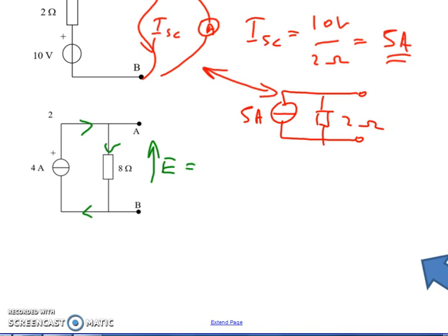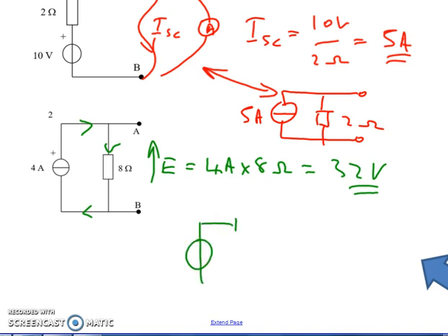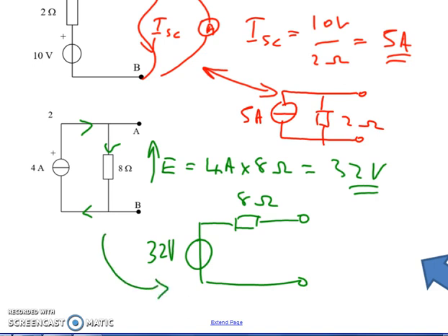So the E value will simply be the 4 amps times the 8 ohms, giving me 32 volts. So my equivalent circuit will look like this, with a 32 volt generator and the same internal resistance, 8 ohms. Again, these two are equivalent to each other, each producing the same current in the same load.